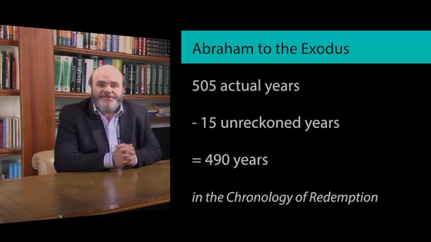These 15 years fall outside the 490-year cycle because they can form no part of the plan of redemption, so they're unreckoned. God used the chronology to clearly mark these 15 years as an interruption of the 490-year cycle, so that we would understand the true nature of what was going on, and that God cannot use man's fleshly efforts to forward his purposes.